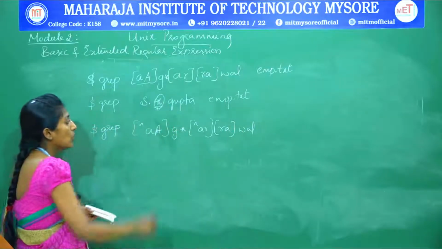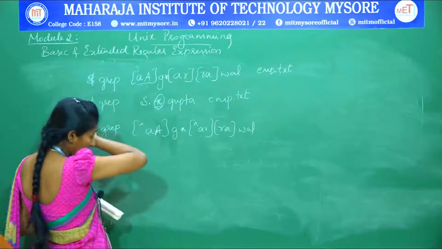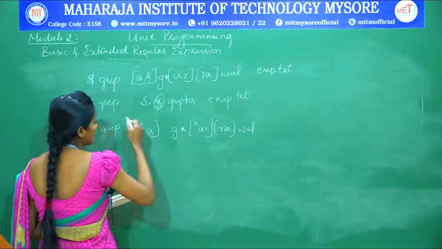So what happens now? Excluding this AA, it is going to match the remaining characters, right? So the remaining characters it is going to match. Let me consider this.